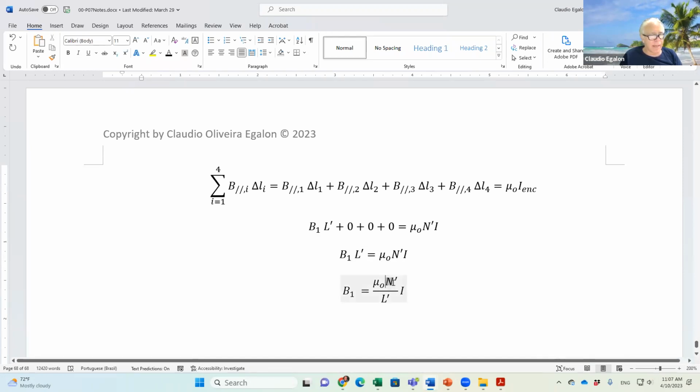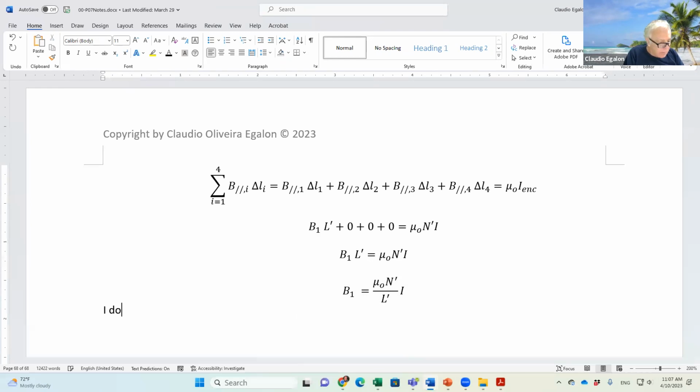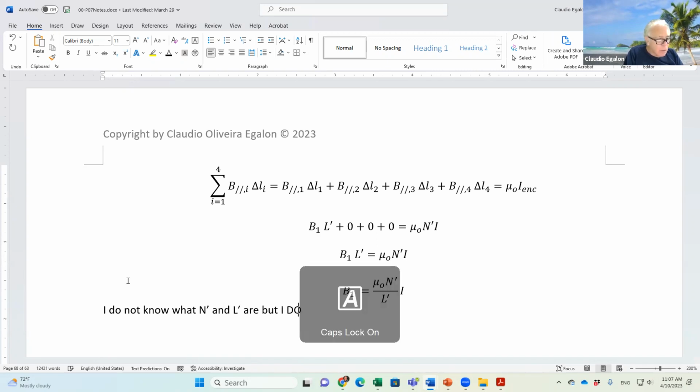I do not know what N prime is. I do not know what L prime is. L prime is an arbitrary value. I do not know what N prime and L prime are, but I do know what N and L are.